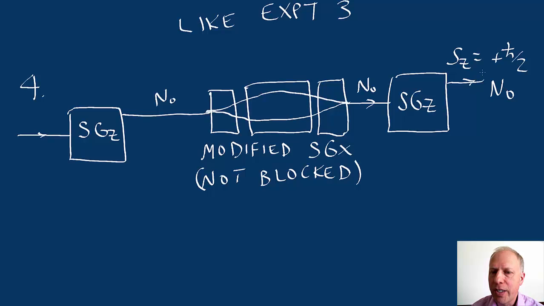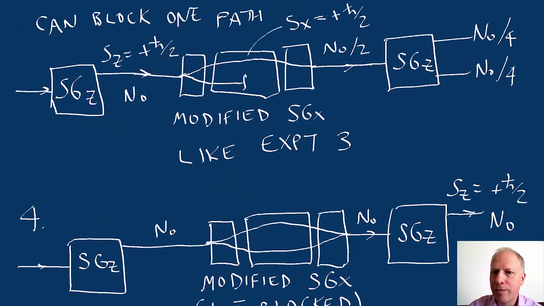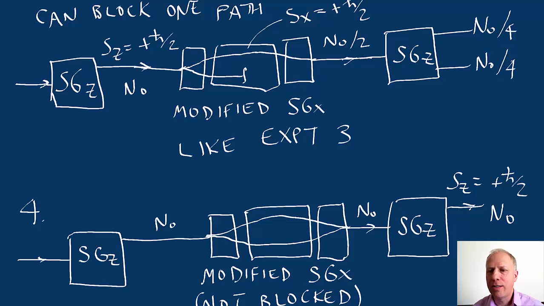So this modified SGX device does not create 50% plus x and 50% minus x states. But what's really astonishing about this situation is if we compare these two setups, notice what's happening.